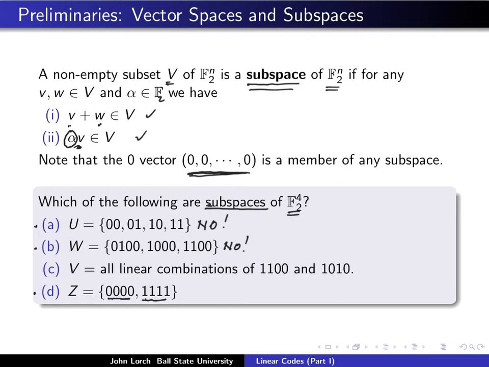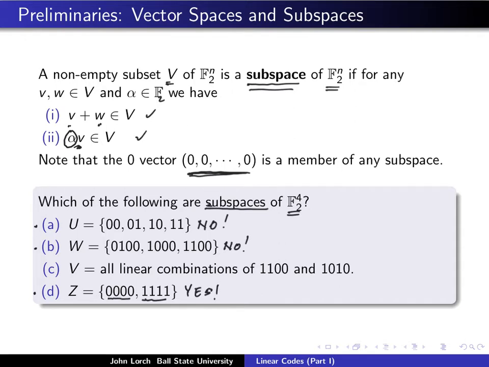Same with scalar multiplication. If you take any of these vectors and multiply by the scalar 0, you get the vector 0, 0, 0, 0, which again is in Z. And again, also, if you multiply each by 1, you'll get a vector that's again in Z. So this is a small subspace of F2^4.